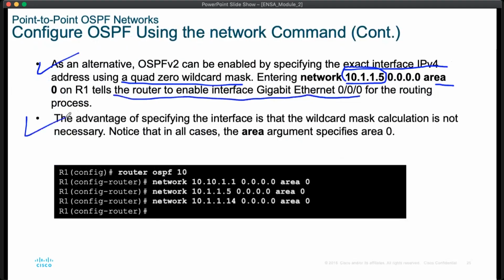The advantage of specifying the interface is that the wildcard mask calculation is not necessary. Notice that in all cases, the area argument specifies area 0. Okay, like this example.